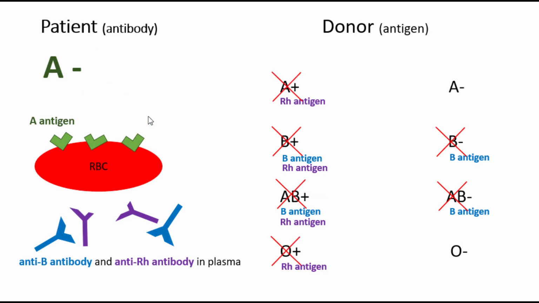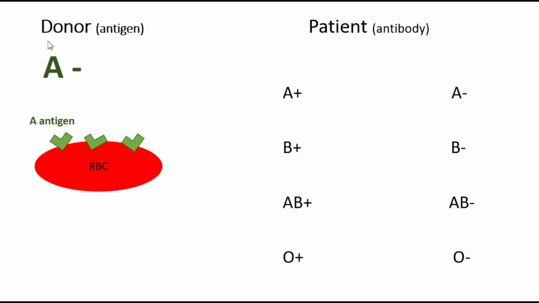Now I switch the story and I pay attention to what if my donor has A negative blood type. And in donors, we always pay attention to the antigens and we make sure that the patients that accept those antigens receive this blood. So basically in my patients, I look for the ones that are okay with receiving A antigen.